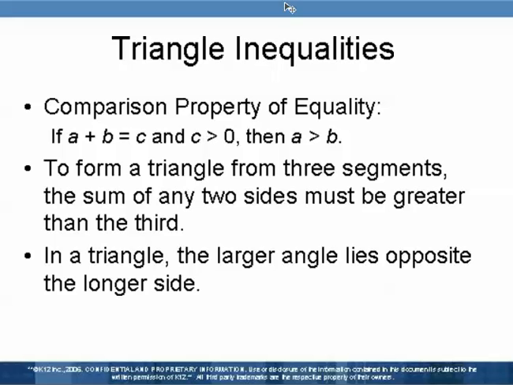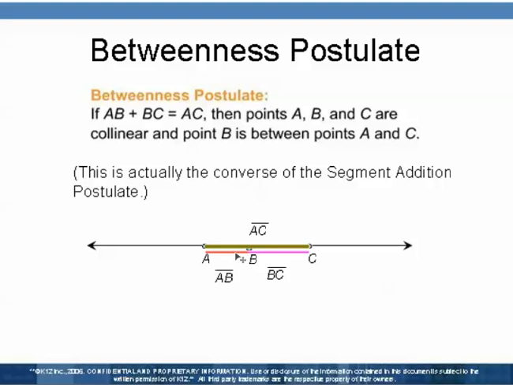Well, think about it. If these lines represented the sides of a triangle, and I could add them together like this, it wouldn't really be a triangle, would it? It would just be a straight line.